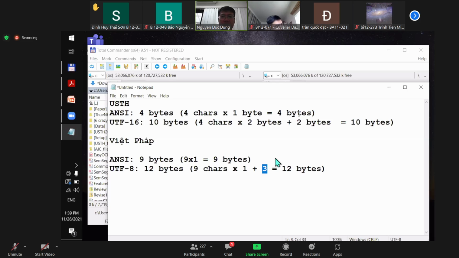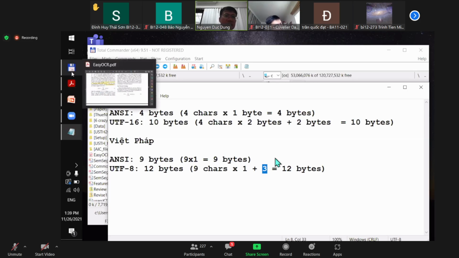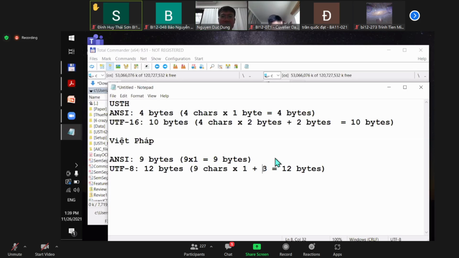So what are the 3 bytes? Yeah, we have 2 bytes here. What is the number 3 here? Why is it 3, not 2? Do you know the answer? Sorry, I don't know yet. Okay. Thank you, Thái Sơn, because that's what we are learning now. We are discovering now.